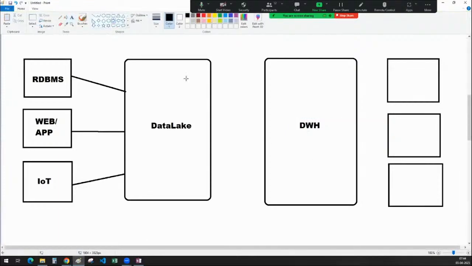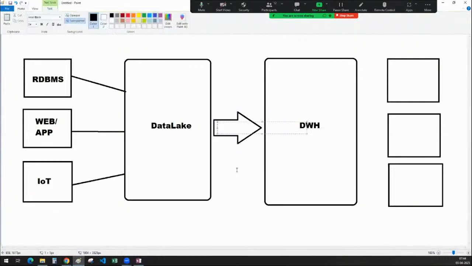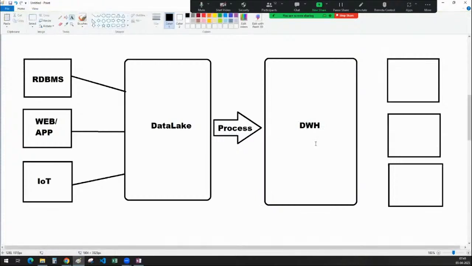Okay, what you are doing here is trying to process the data. Process the data, transform the data, clean the data, whatever you name it, all of those things, guys. You process the data and send it to the data warehouse. Finally, as per the business requirements, it will be creating ML models.